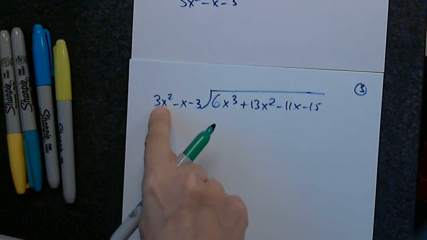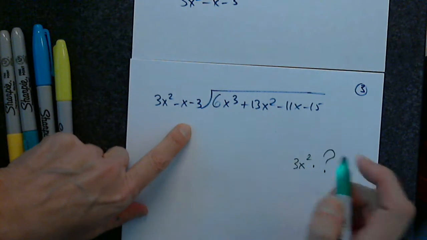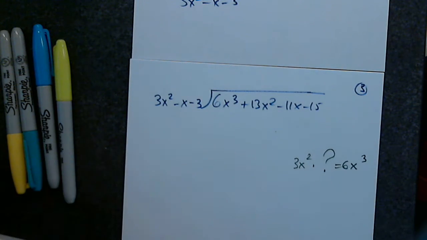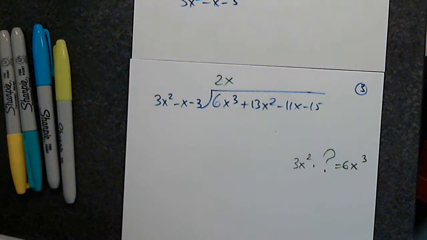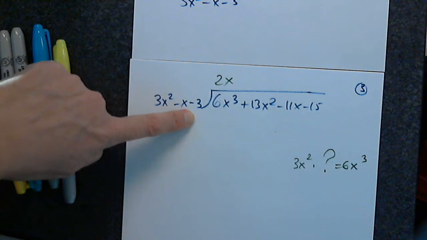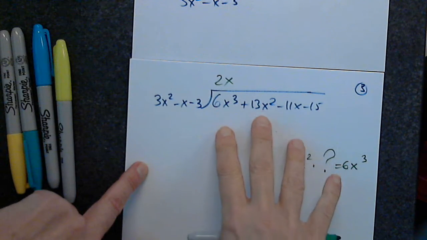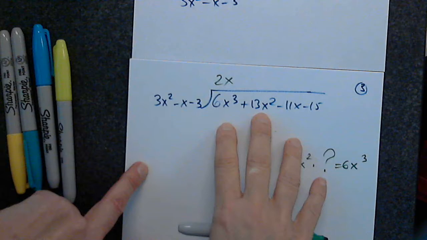Okay, 3x squared. 3x squared multiplied by what is 6x cubed? Very good. Perfect. We distribute 2x to these three terms. We change the sign because we have to subtract and write below specific like terms.